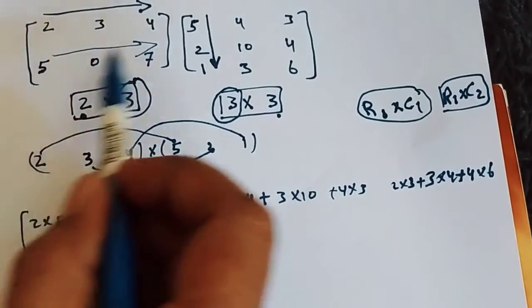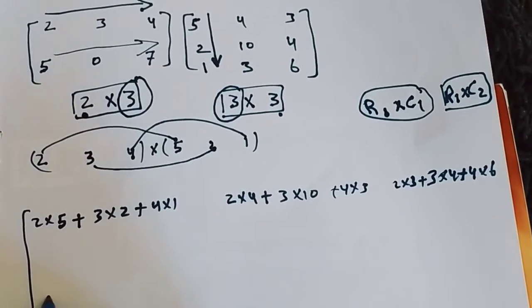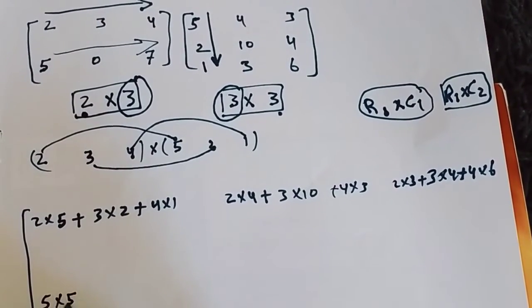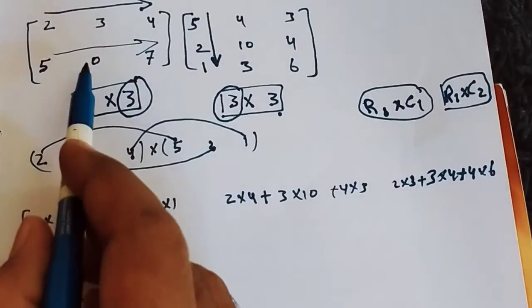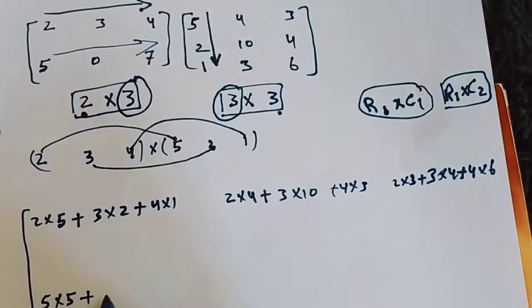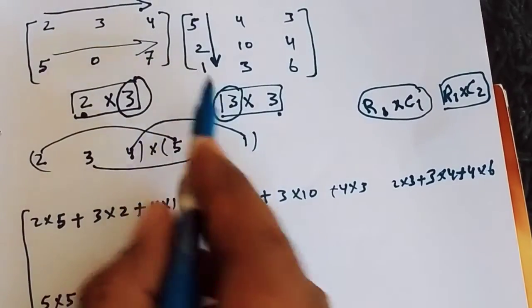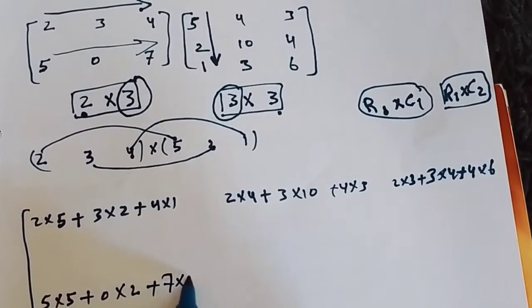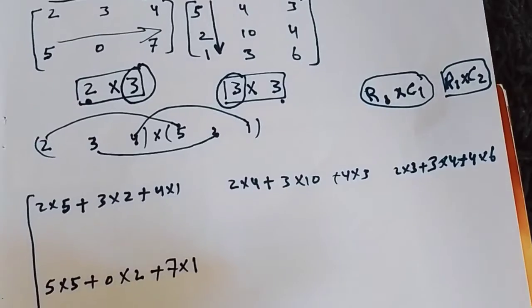So my dear, 5 multiply 5 plus 0 multiply 2 plus 7 multiply 1. Okay, my dear.